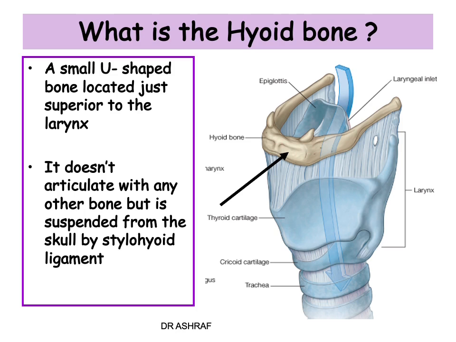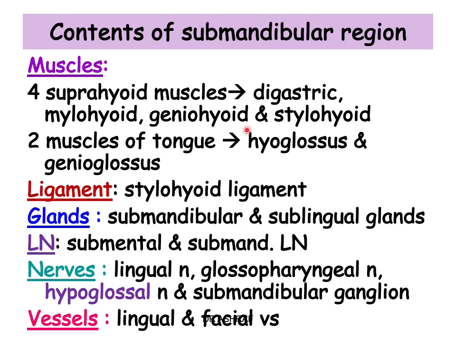Okay, let us see what the contents of the submandibular region are. The submandibular region has muscles, ligaments, glands, lymph nodes, nerves, and vessels. The muscles are named the suprahyoid muscles, meaning they come from the hyoid bone and go upward.